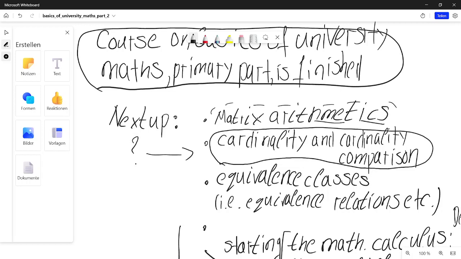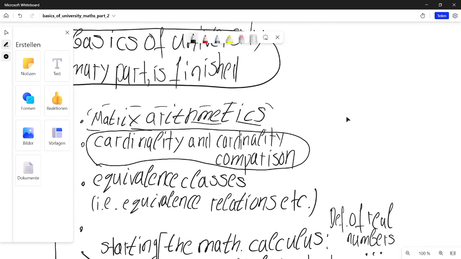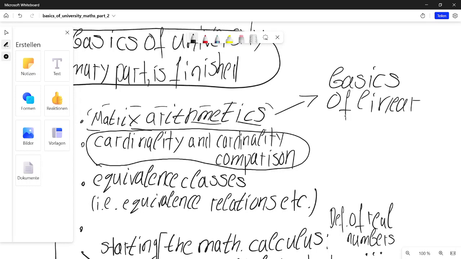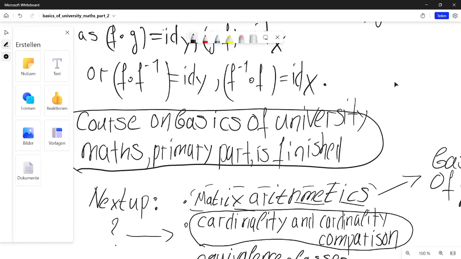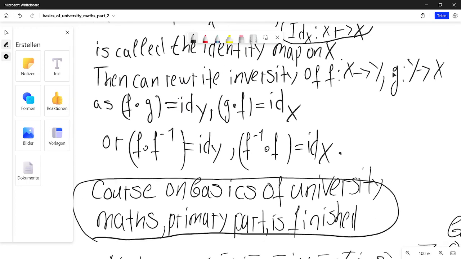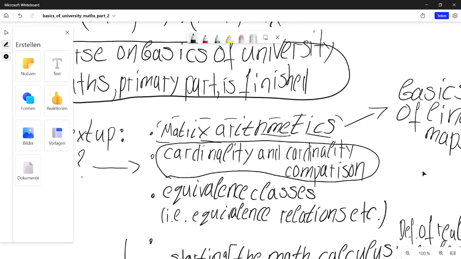And after we have done that, you actually can already tackle the course basics of linear maps, if you wish so. I think you pretty much can. The prerequisites are pretty much matrix calculation, and other than that, this course on basics of university maths makes that really clear, right?